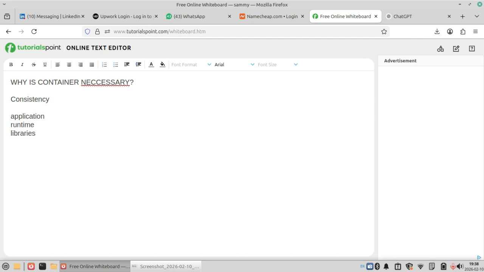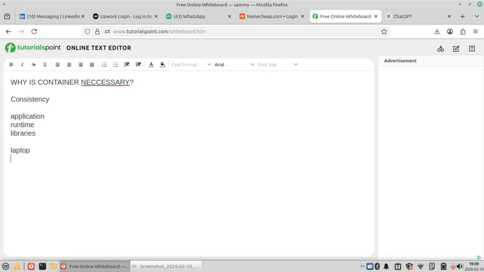So with this, the same image can run on your laptop. The same image can run across different environments, in staging, in production, even in your continuous integration pipeline. So it is not similar, but the same.